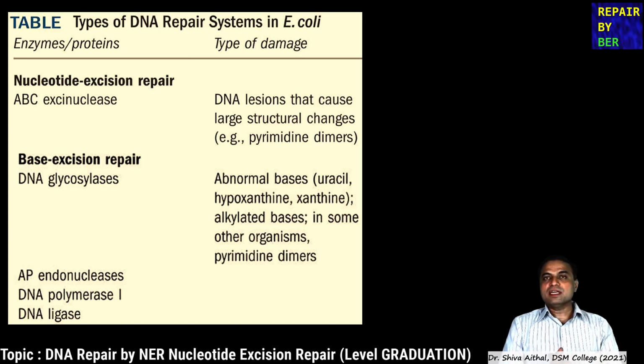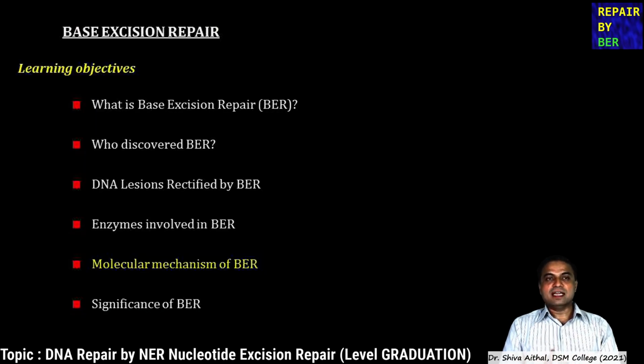AP endonucleases are the ones which cleave at the AP site. DNA polymerase 1 fills the gap, and ligase seals the gap, which you all know. There is a removal of a phosphodiester bond on the DNA, and the ligase function is finally, after the repair is over, to introduce the phosphodiester bond to seal the gap.